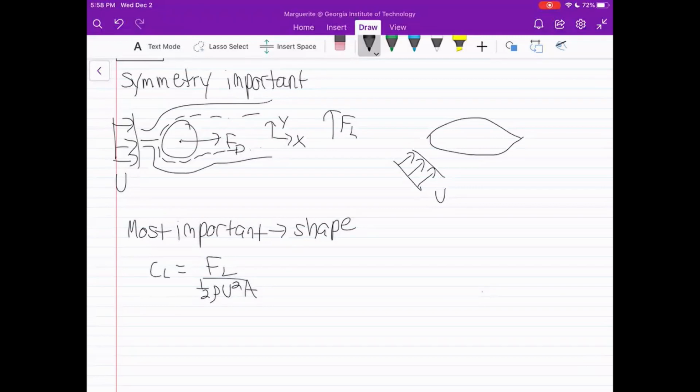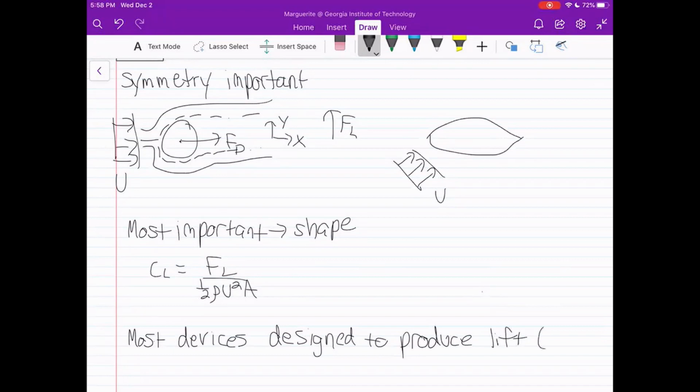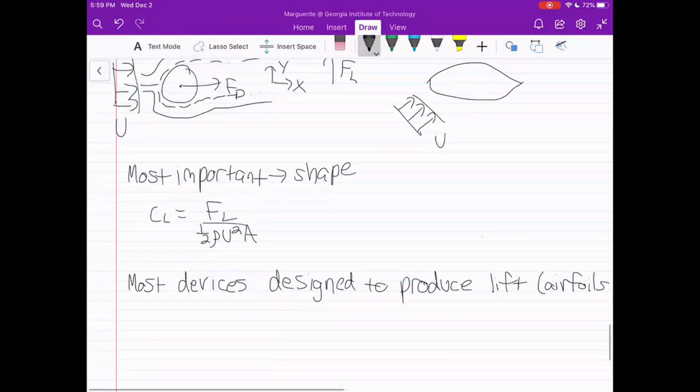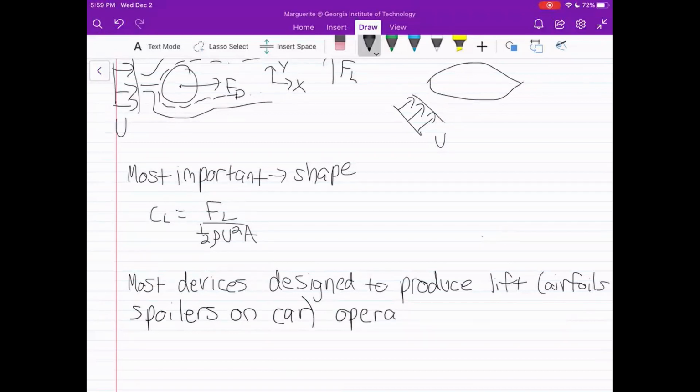Most devices designed to produce lift, such as airfoils, which we've talked about a few times now, or the spoilers on a car, operate in high Reynolds number regimes.